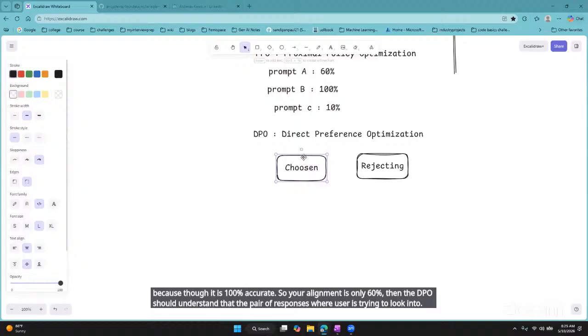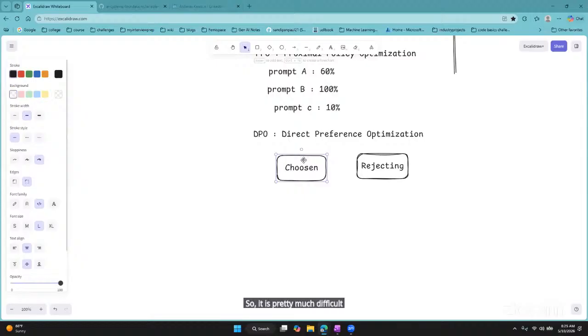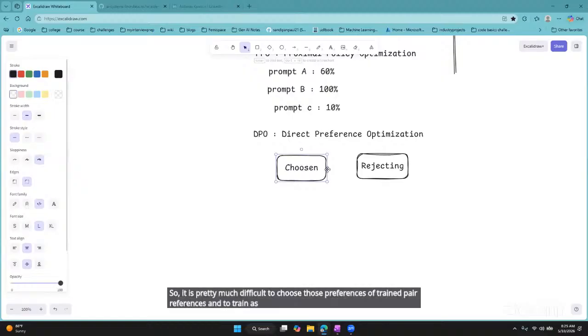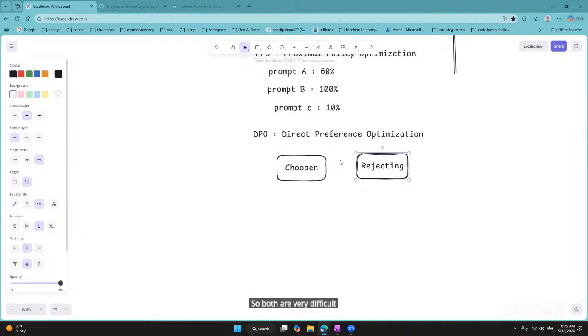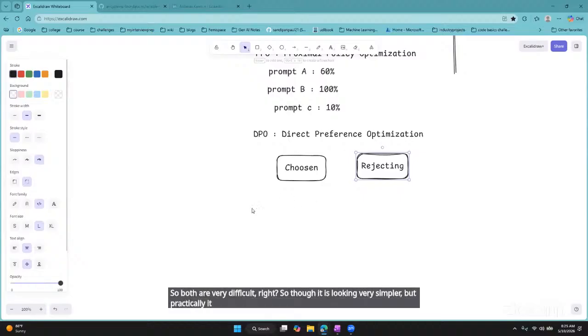It is pretty difficult to choose those clean pair preferences and to train as required. It is also very difficult for DPO to understand which portion of the responses the user is trying to reject. So both are very difficult, right? Though it looks very simple, practically it is very difficult.